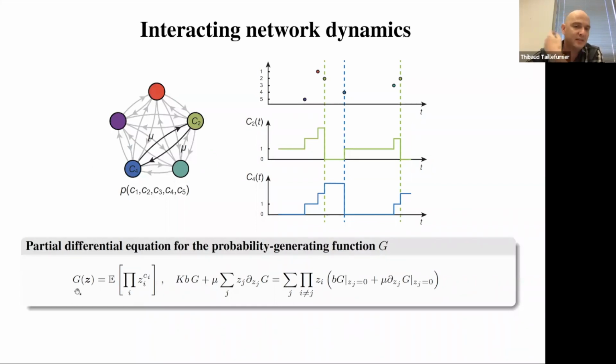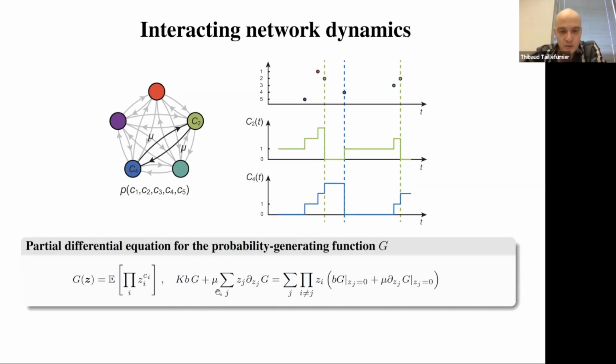The reason is that it's a more well-behaved, more regular object, but it's just as good as having P, okay? And now if you look at this object G, you realize that based on the dynamics I just described, as a stationary state, this quantity G shall satisfy a partial differential equation, okay? So if you can solve that, you're good. You've fully characterized your model.